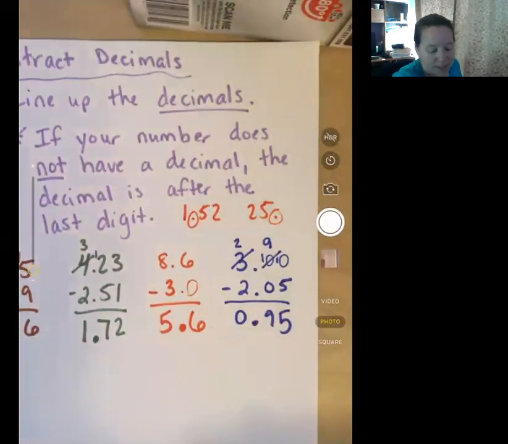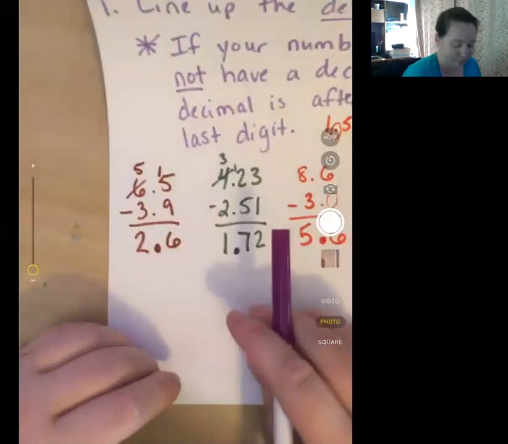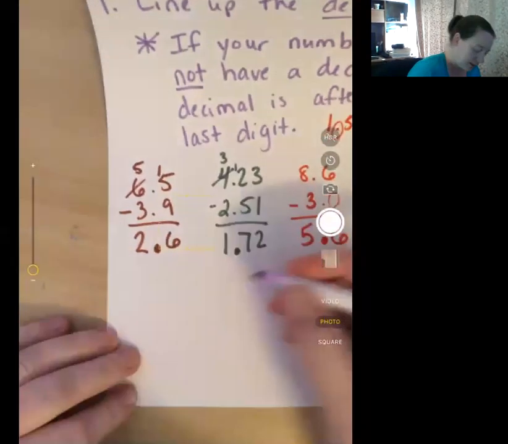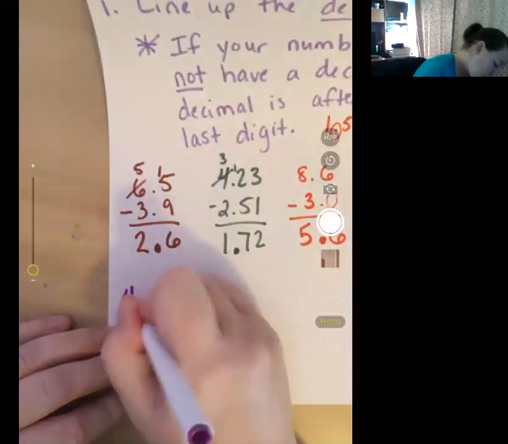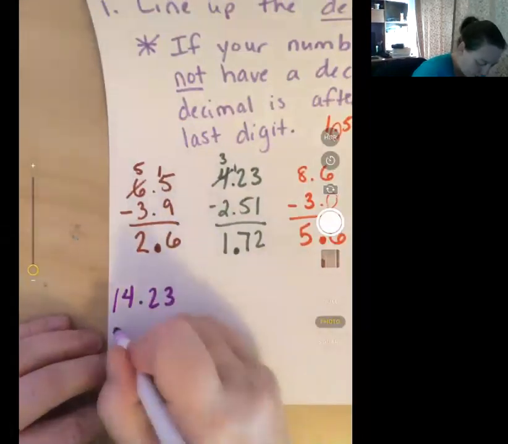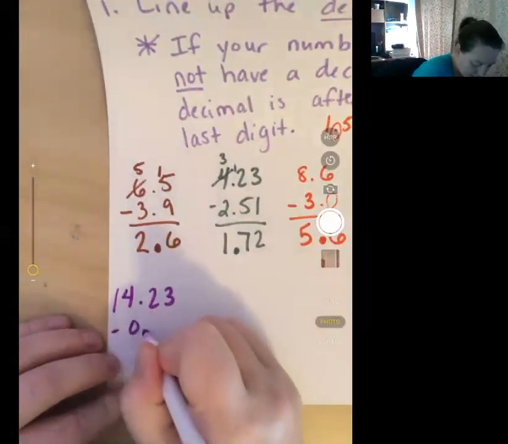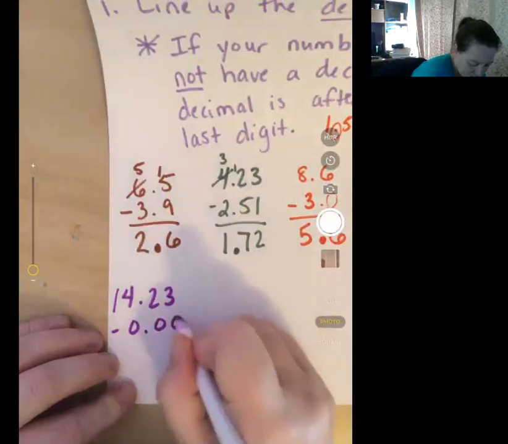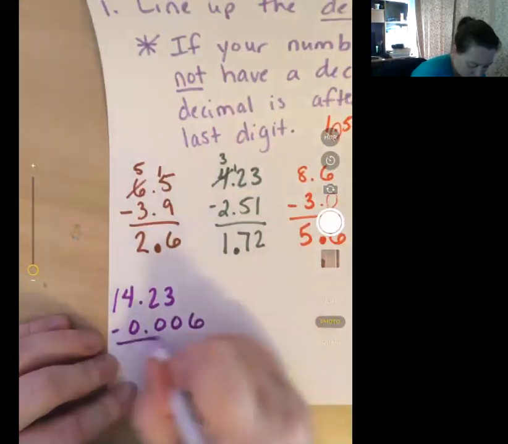Now, what they'll give to you occasionally is something like this. 14 23/100 minus 6/1000.